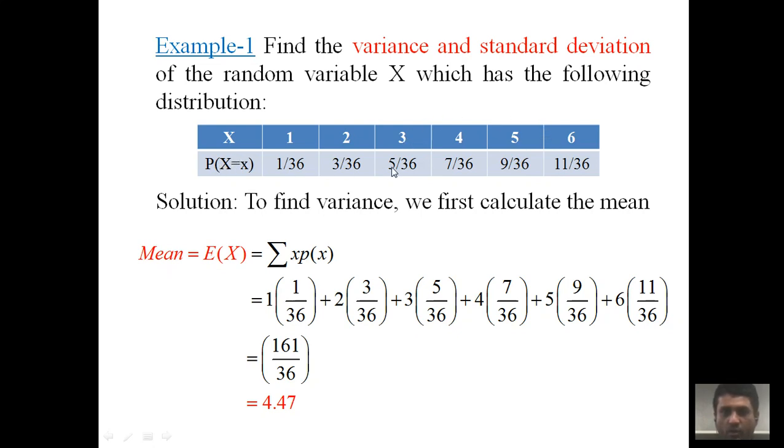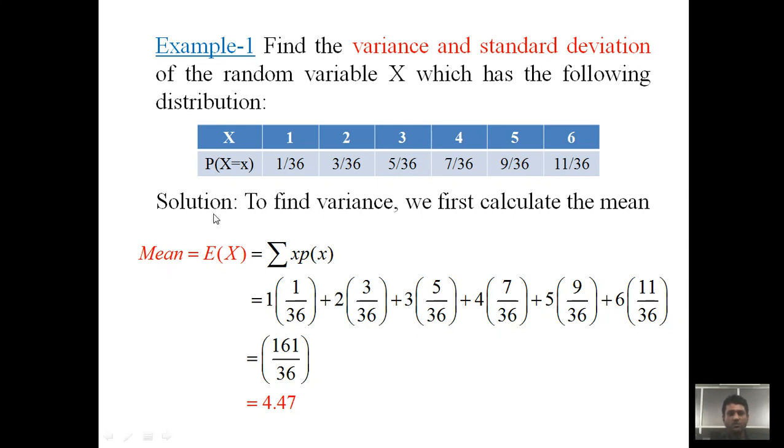The second row represents the probability distribution, P of X equal to x. So P of x1 is 1 upon 36, P of x2 is 3 upon 36, and similarly P of x6 is 11 upon 36. We are interested in finding the variance and the standard deviation.